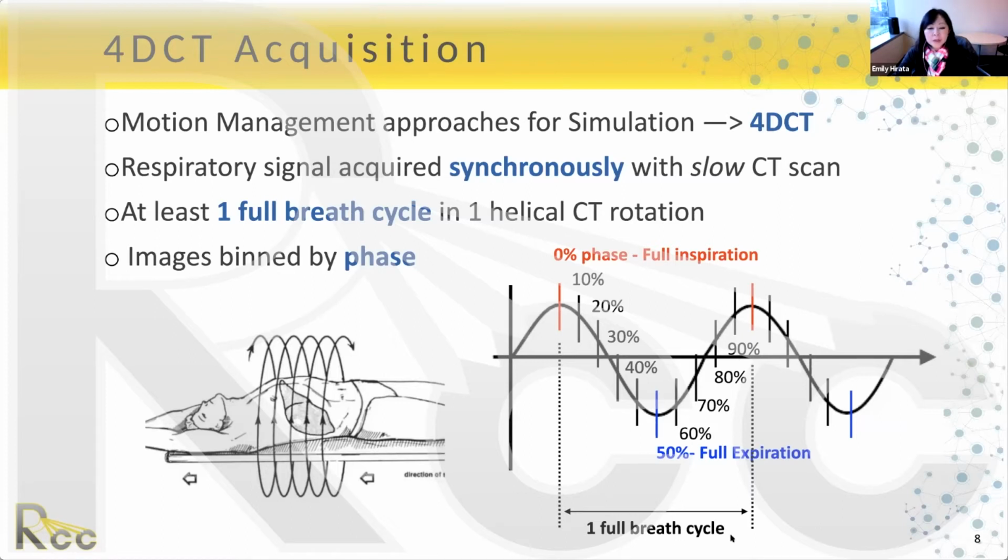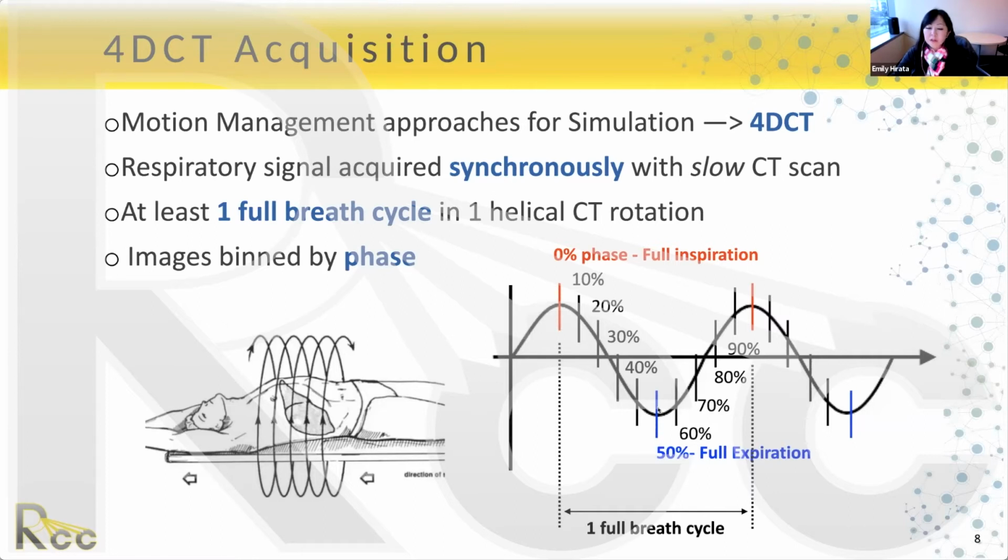One full breath cycle refers to basically peak to peak or trough to trough in a respiratory trace. So the zero phase, by definition, we declare zero phase is full inspiration, and that corresponds with a peak on the respiratory trace.